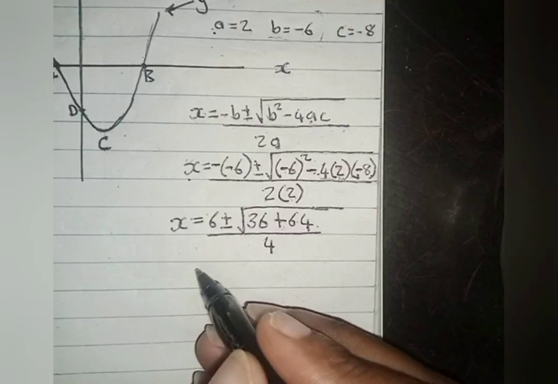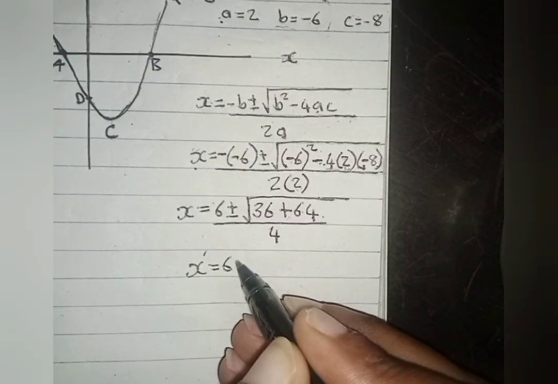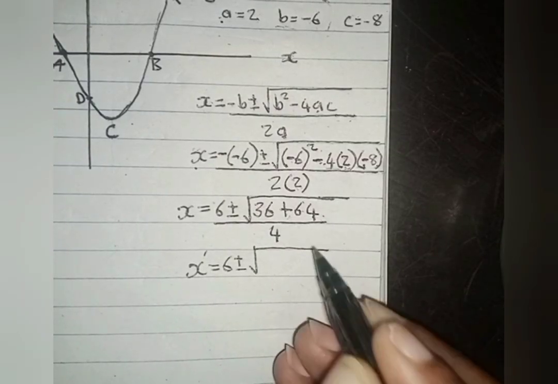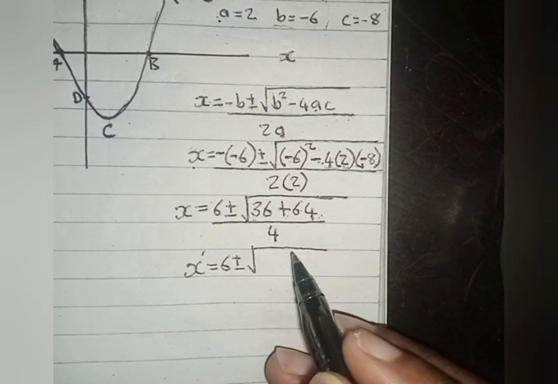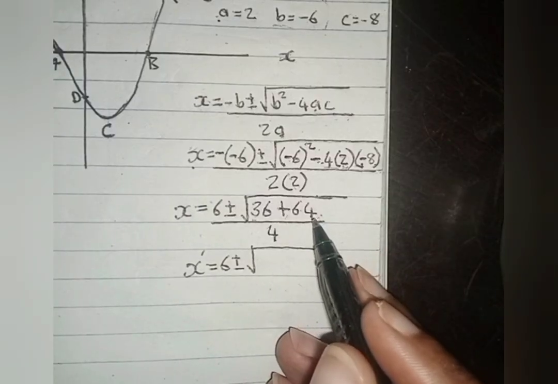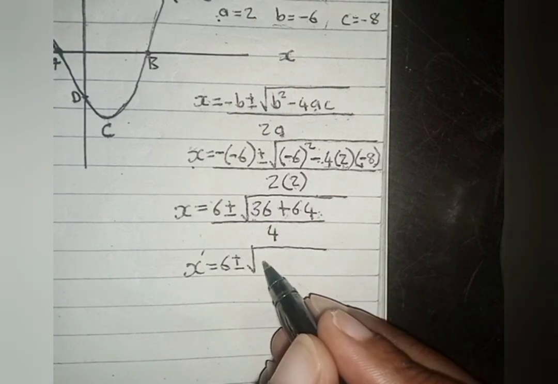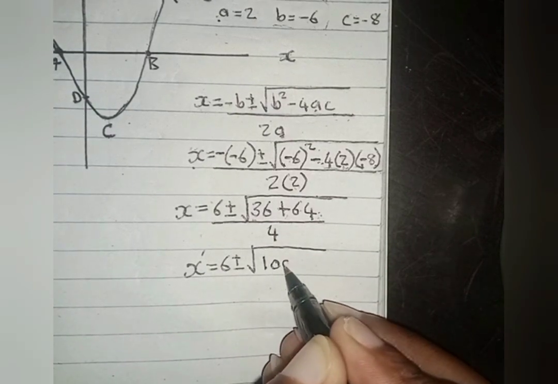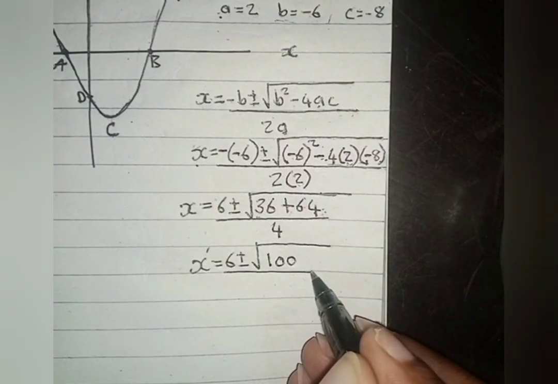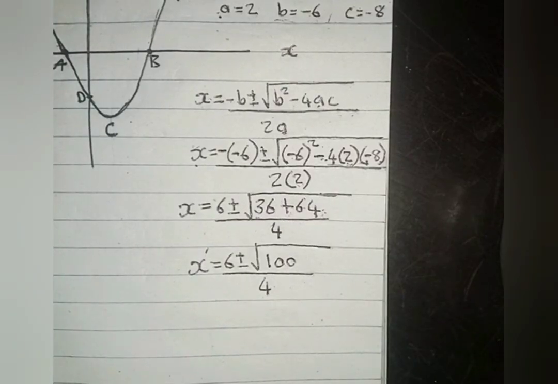We can simplify this expression further. So we have x is equal to 6 plus or minus square root. Then we add these two numbers. So 36 plus 64, we get 100. So 100 inside of the square root. Then everything divided by 4, like that.